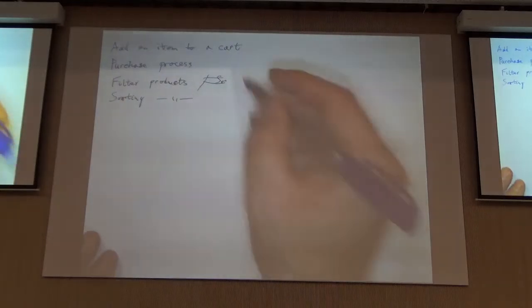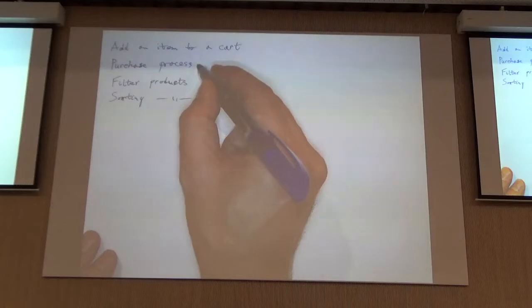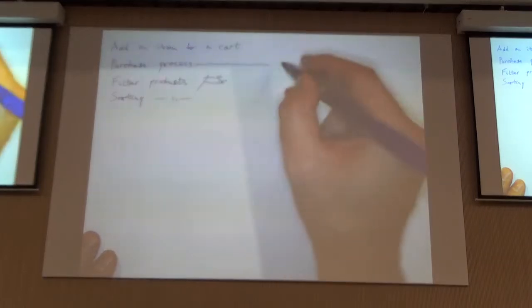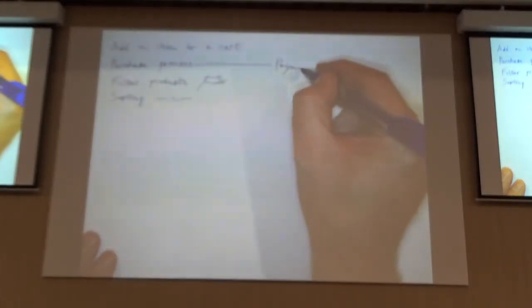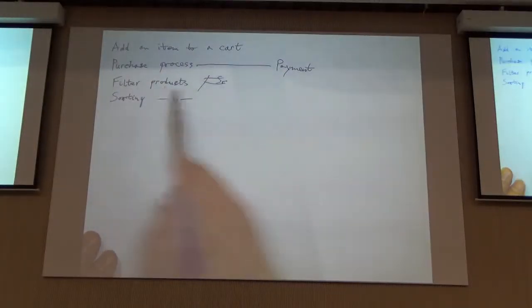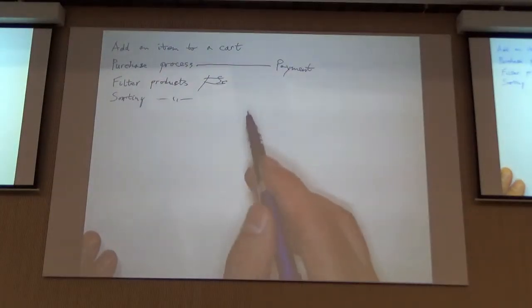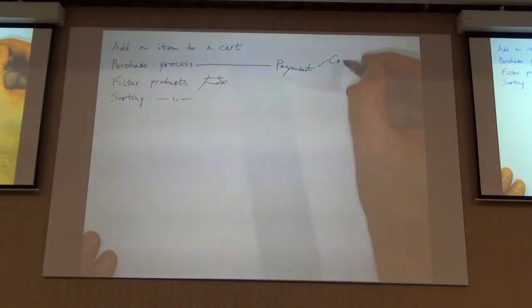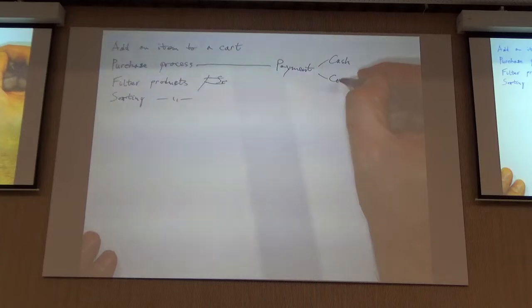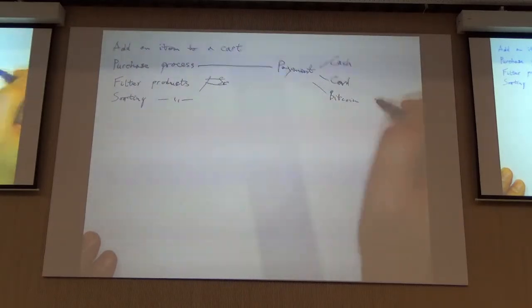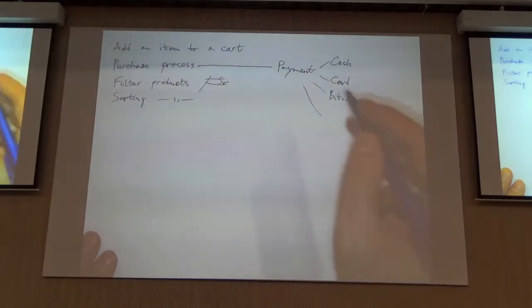Talking about the purchase process, I'm thinking of this feature, and I'm thinking of what kind of payment will be there. Pay by cash, card, Bitcoin, I don't know, whatever you want.